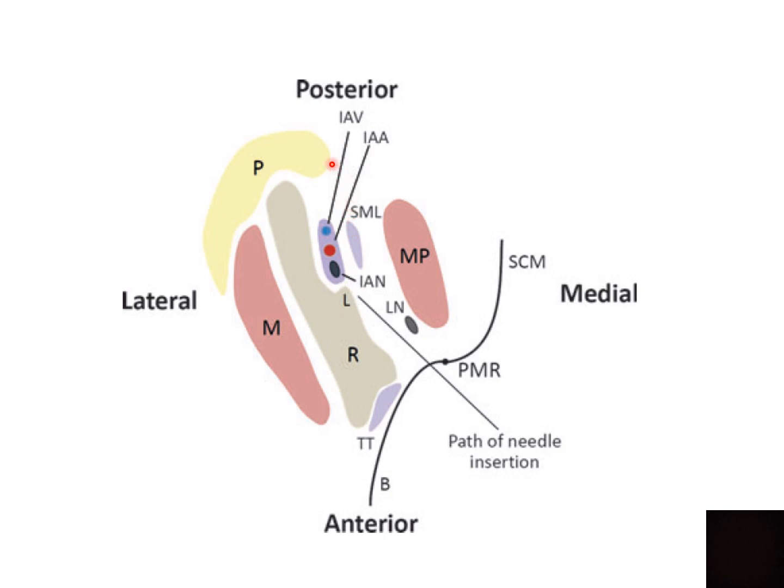The last thing is the parotid gland is retromandibular in position and very close to the injection site for the inferior alveolar nerve block.